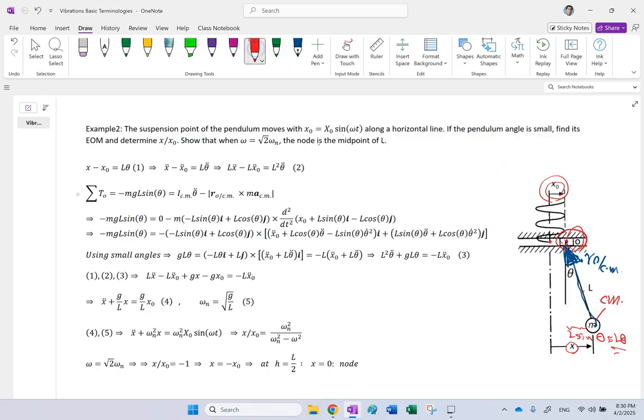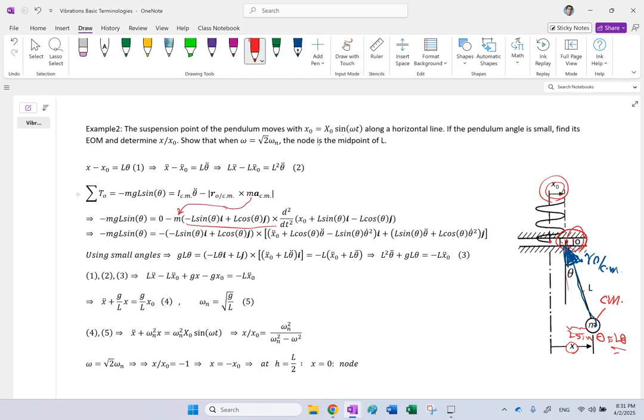So here, this is that R vector, which you see I have written in terms of, again, L sine theta in the negative x direction, positive L cosine theta. So that is this vector here. This M, I brought it out of the integral, the cross product.